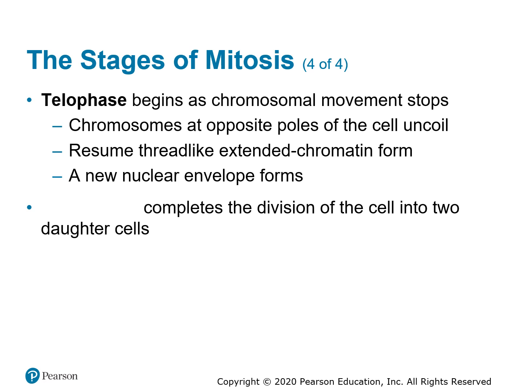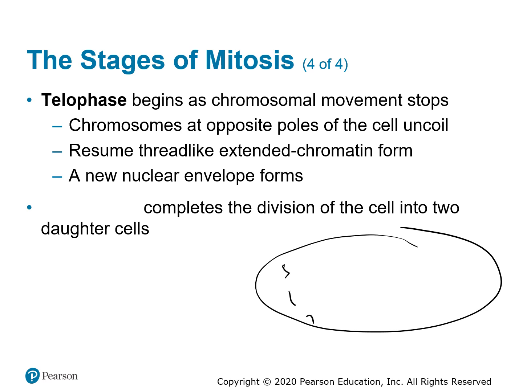Cool. Okay. So telophase is when chromosomal movement kind of stops. The chromosomes end up on opposite ends. Your sister chromatids will end up on opposite ends of the cell after getting pulled by that mitotic spindle. It starts to kind of re-envelop in a new nuclear envelope on both sides.